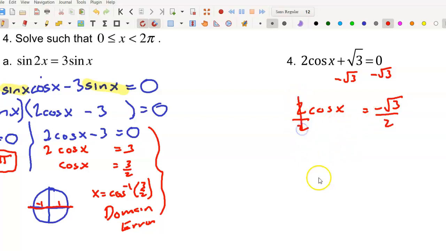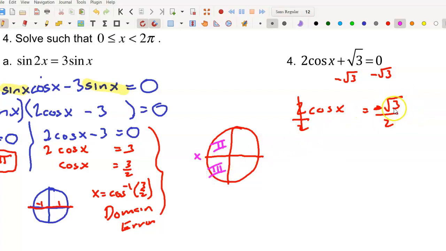So you had to remember, where is cosine negative? So we always look at the signs first. So what quadrants is cosine negative? So I'll go back to here. Remember, we're talking about the run. Where would the run be negative, or the x be negative? Okay. Yeah, that'd be here and here.